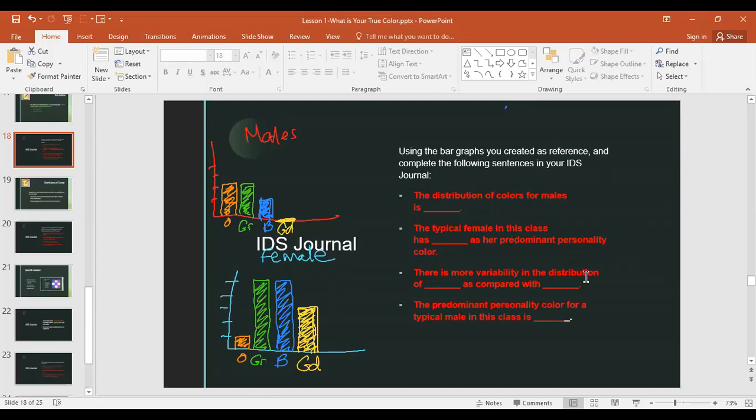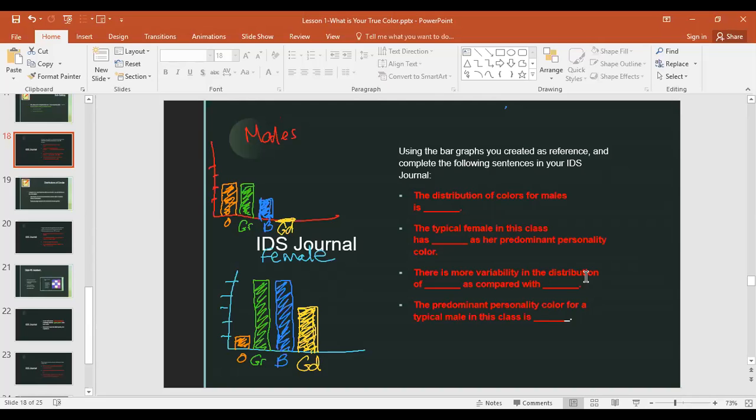As far as variability, there is more variability in the distribution of blank as compared with blank. Variability refers to the spread of data, the difference in the data, essentially how the data has been dispersed. Remember we said that the more variability your data has, the better, because you included a lot more different people.